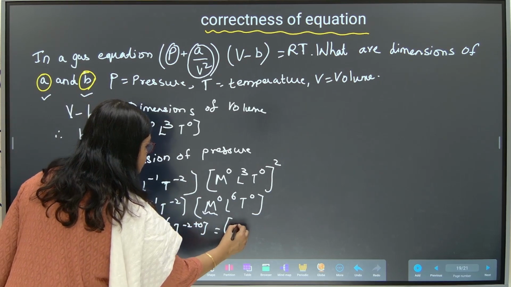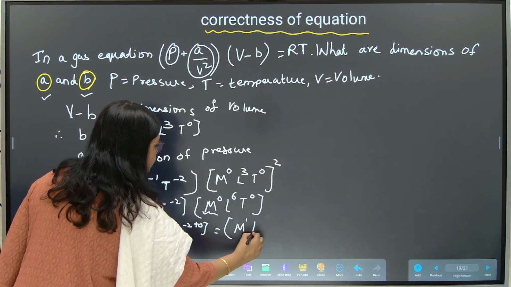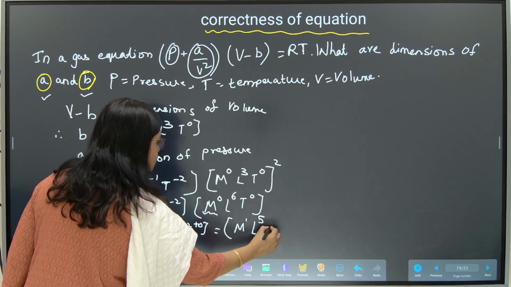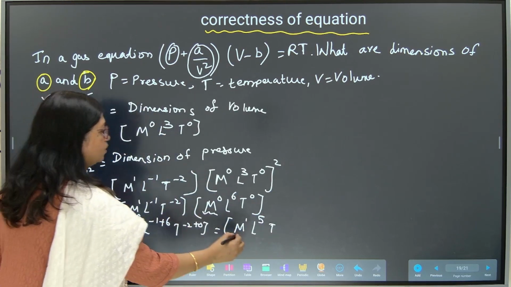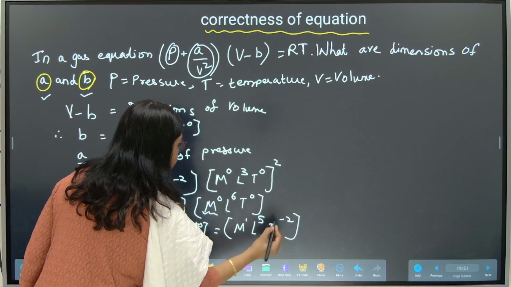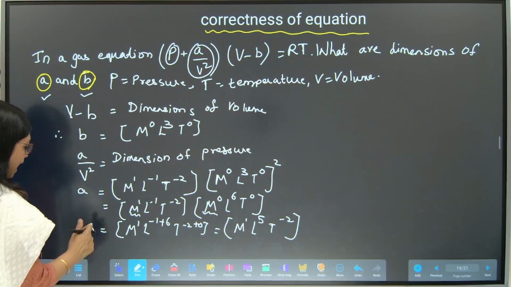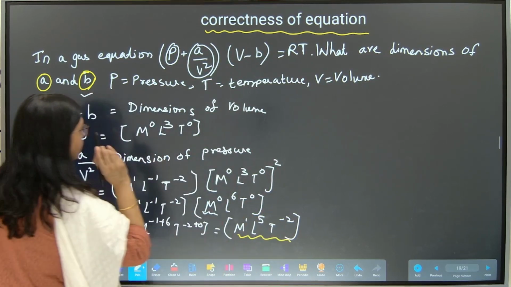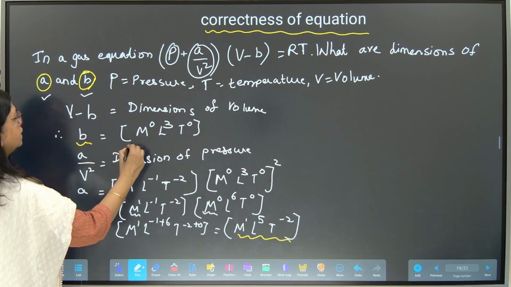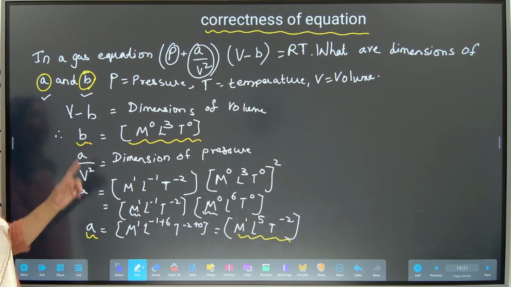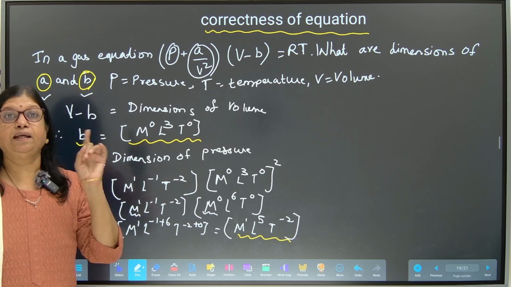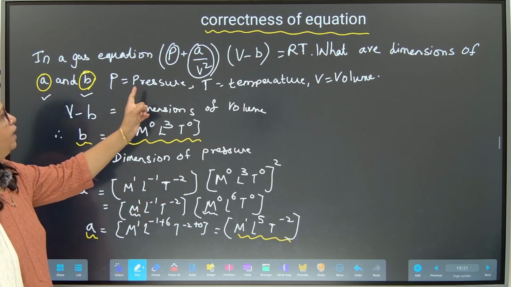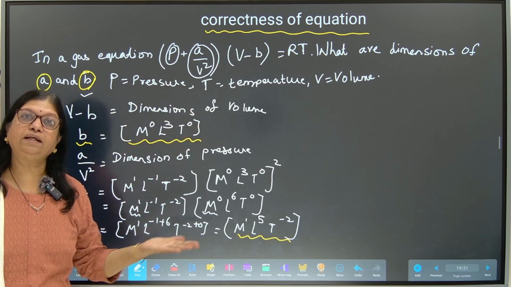M raised to 1, L raised to minus 1 plus 6, so 5, and T raised to minus 2 plus 0, so minus 2. This is the dimension of A, and this is the dimension of B. As asked, in both cases we have used the dimensions of P and V as required.